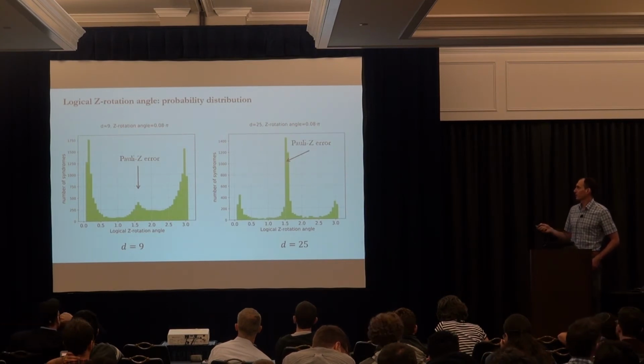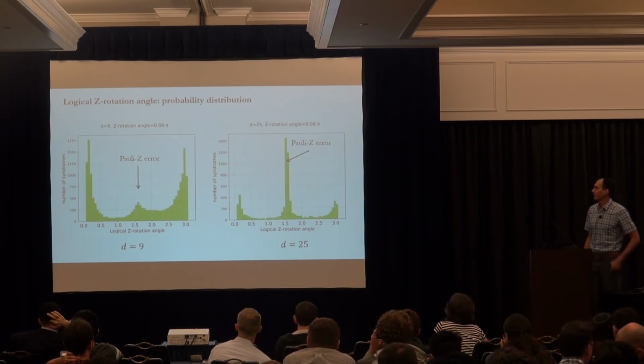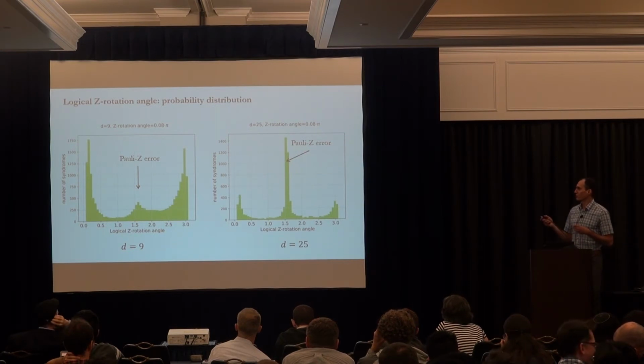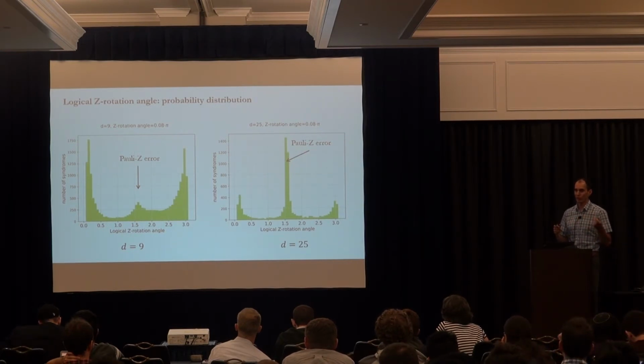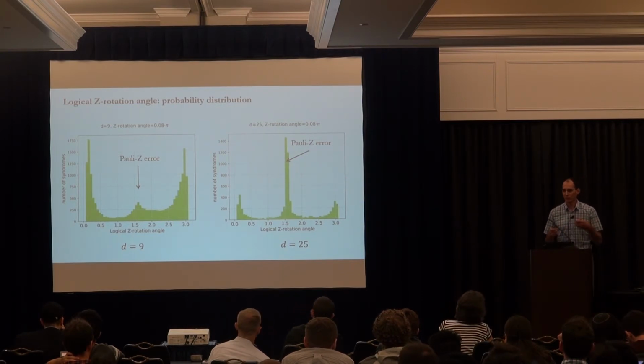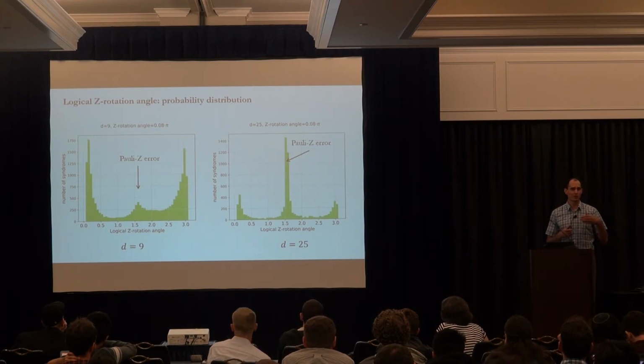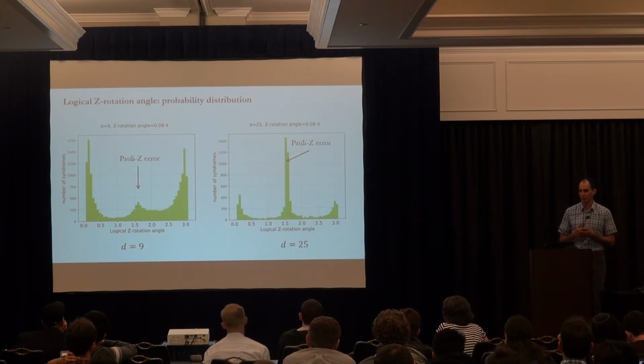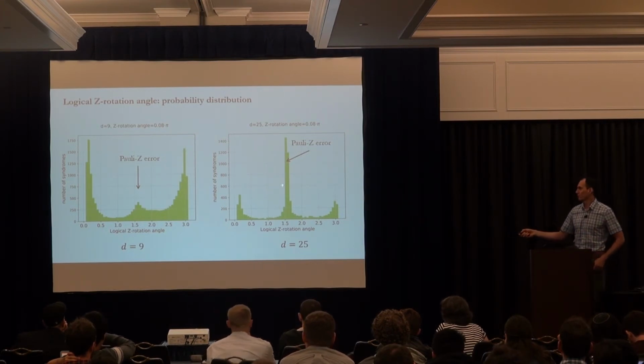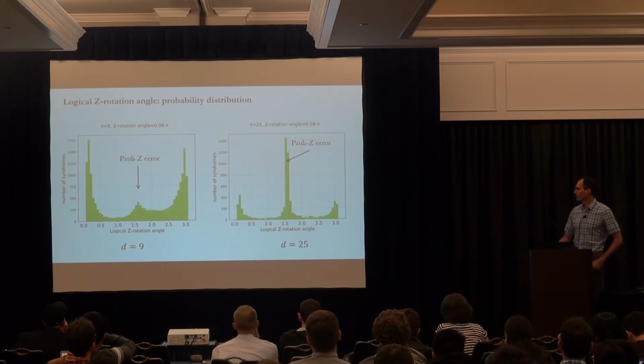Now, here is something more interesting. I told you that for each syndrome, we have some logical rotation angle, theta of S. And we can ask what is the probability distribution of this logical rotation angle. This is what's shown on these plots.